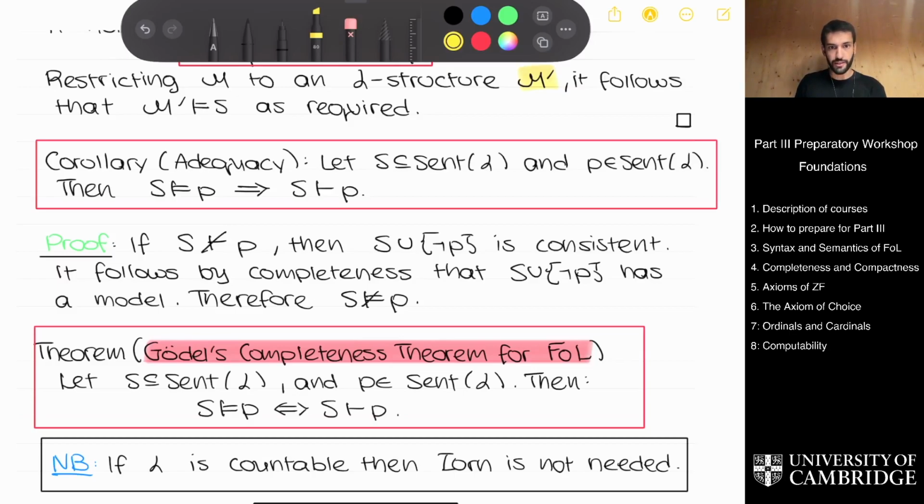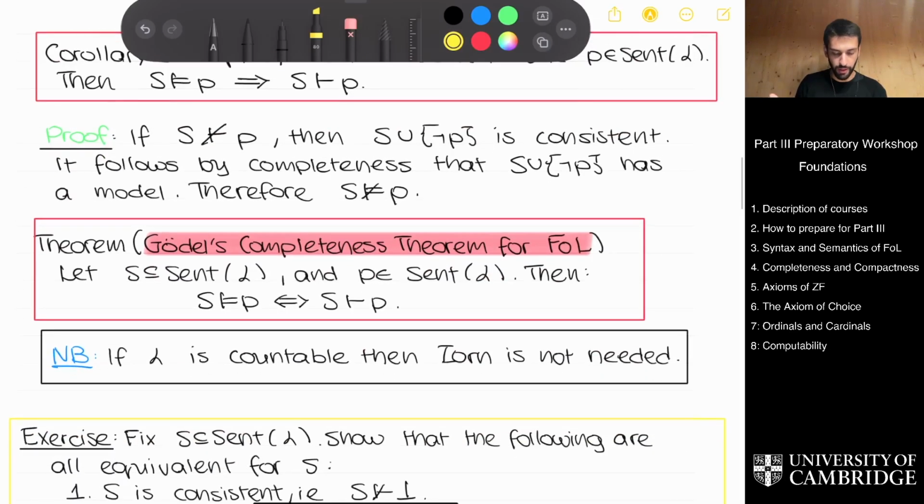Therefore, because the set is consistent, it follows by completeness that it has a model. And since it has a model, it follows that S cannot model P. Because if it did, then it would mean that all models of S would also model P, but we know that there is some model of S that models not P. So that's a contradiction. And so we've actually shown the contrapositive, which is what we wanted.